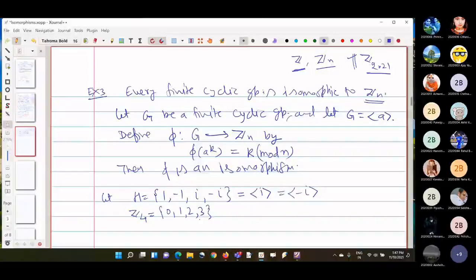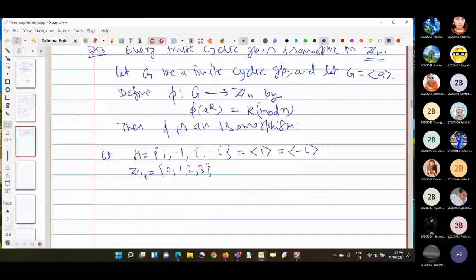Okay. This is a group of order 4, and this is generated by, can you tell me some generator of this group? Which element can generate this one? 1.